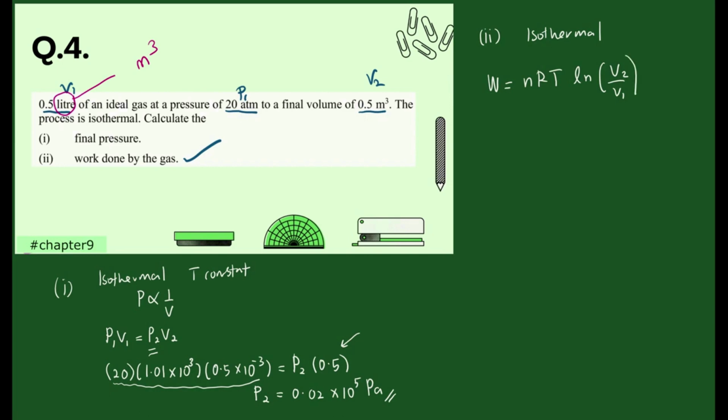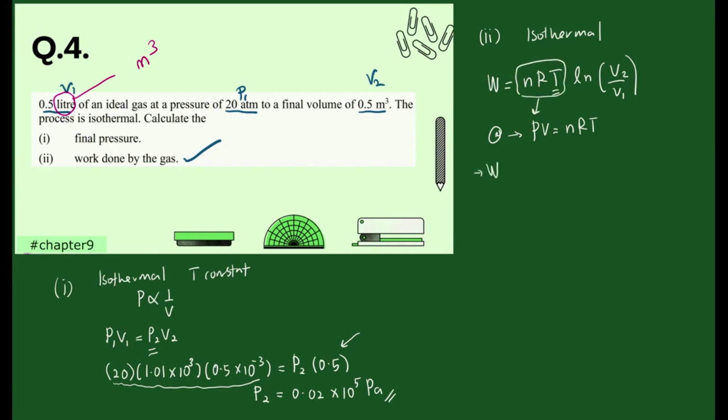Okay, but in this case we don't have the value of temperature, so bear in mind that we have the ideal gas equation PV is equal to nRT. So this term of nRT can be written as PV.